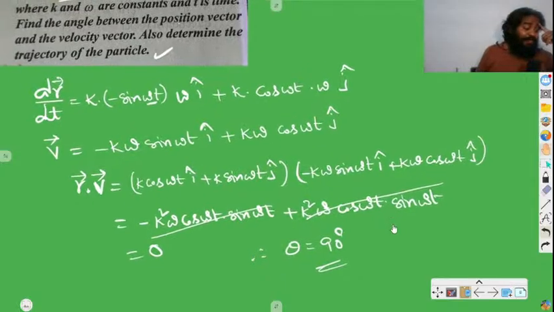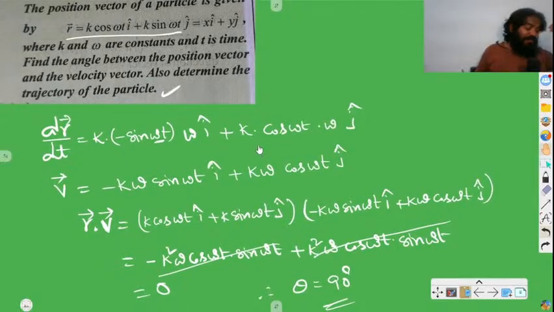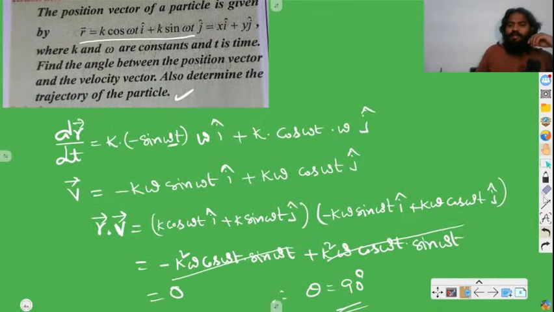And then he is asking to find out the trajectory equation. If you observe carefully, from the comparison with the i cap and j cap components, you know that x is equal to k cos omega t, and y is equal to k sin omega t.